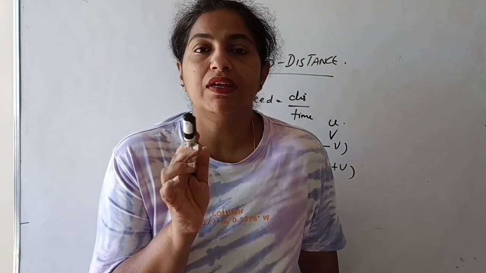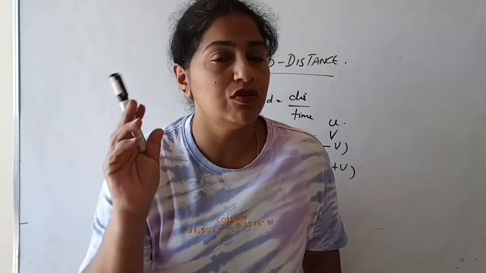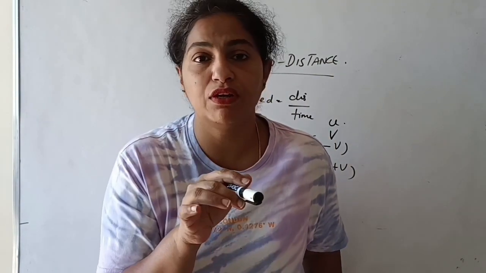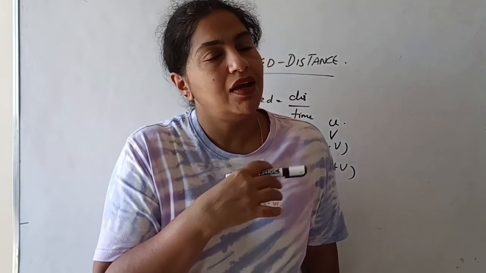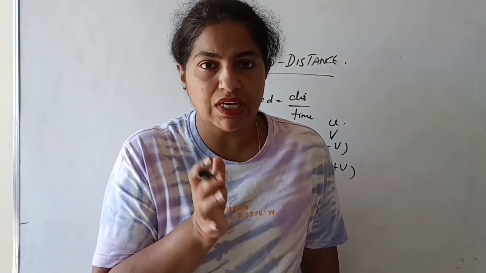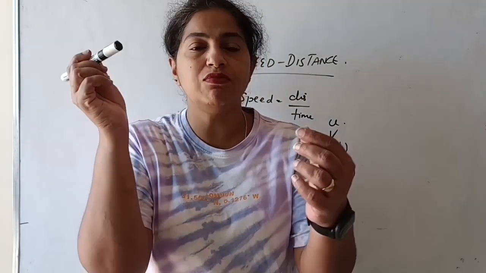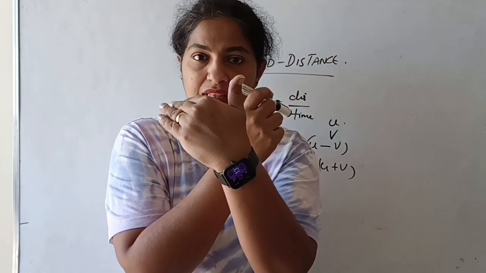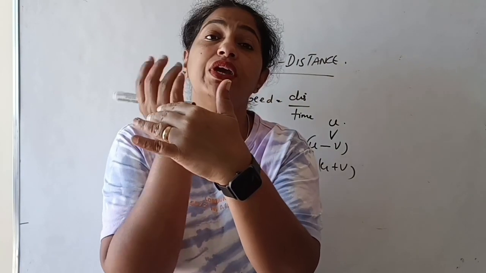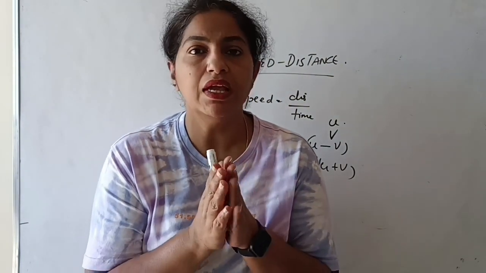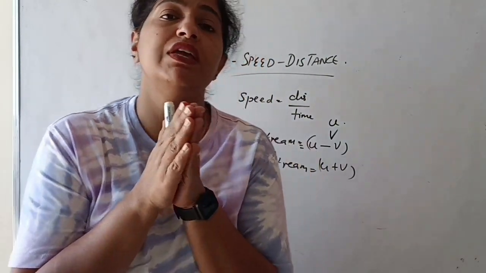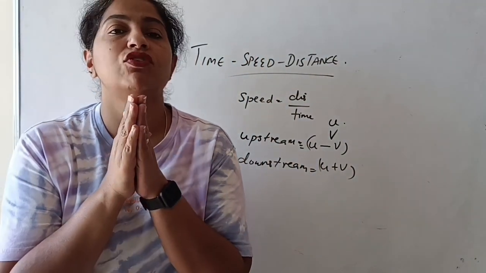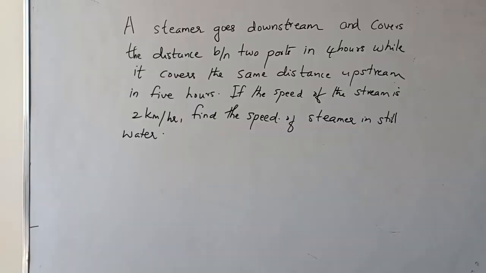Because the speed of the water actually is helping the steamer to move, so we have to add the speed of the water to the speed of the steamer if it is moving along the direction of water. And when it is moving opposite the direction of water, the water is actually slowing down the steamer. Okay, I hope you have understood the logic behind why we are taking the effective speed as U plus V and U minus V. So let us get on with the sums.